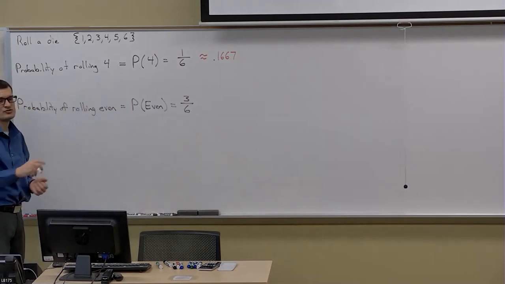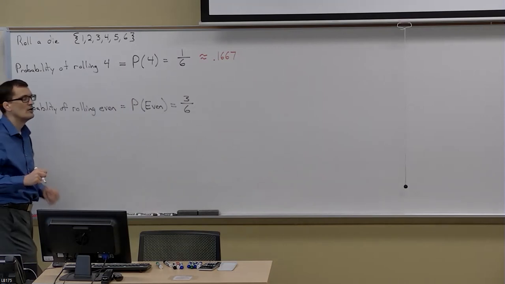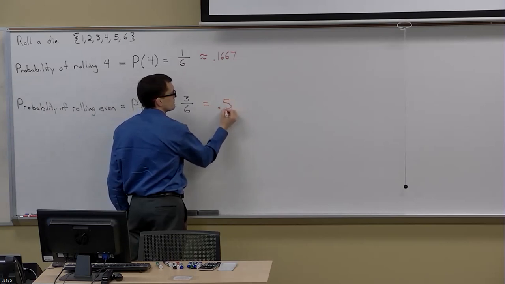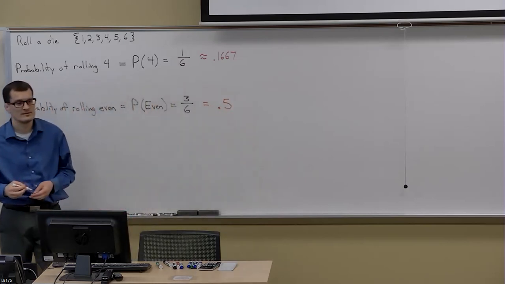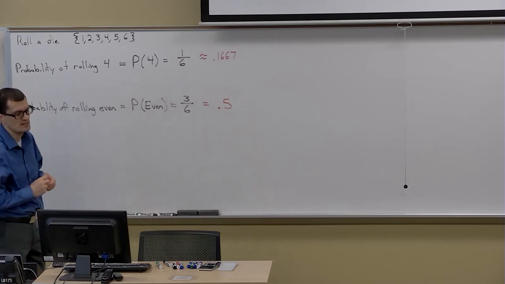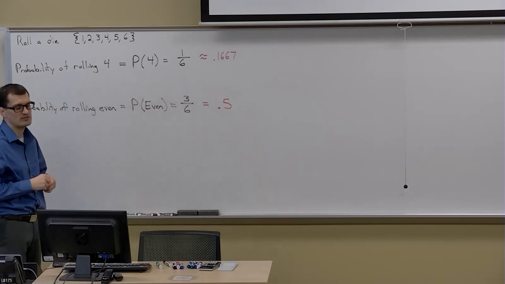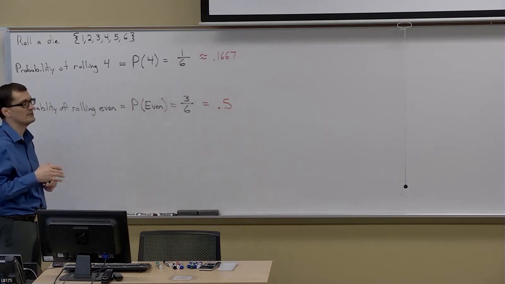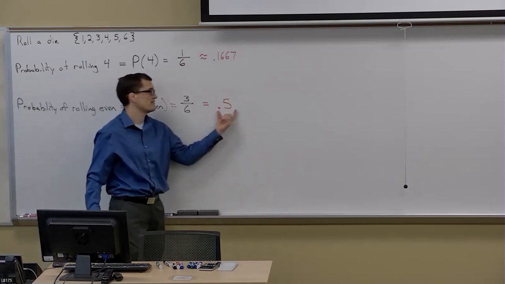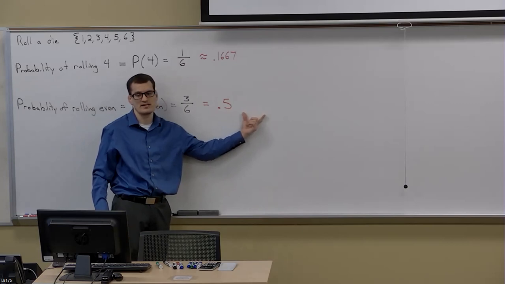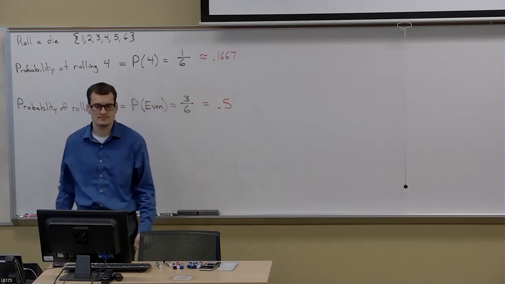And 1 out of 6, you just type that in on your calculator and you get 0.1667, rounded to 4 decimal places. 3 out of 6 is 0.5. If it does ask you to round your probabilities out to 4 decimal places, go ahead and do that. By the way, this is just 0.5, which is already rounded to 4 decimal places because there's only zeros afterwards. There you go.